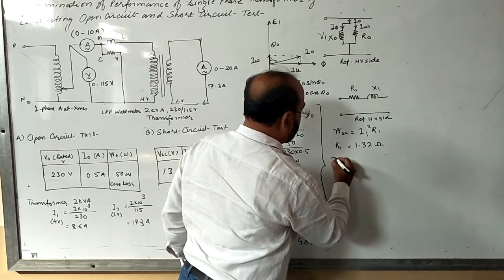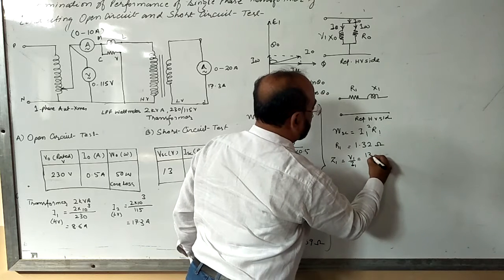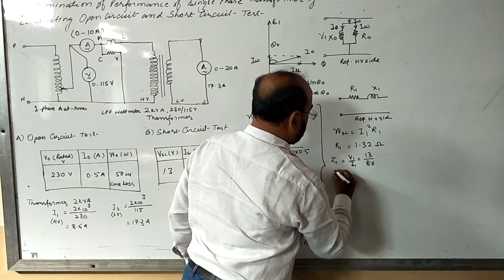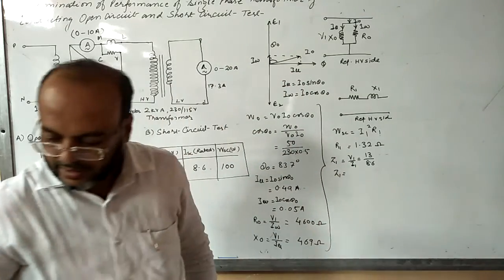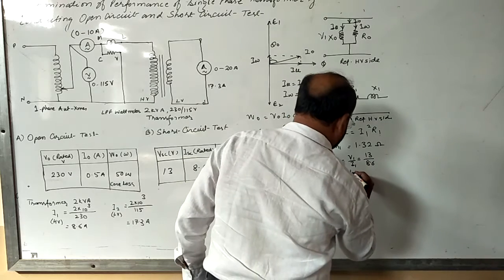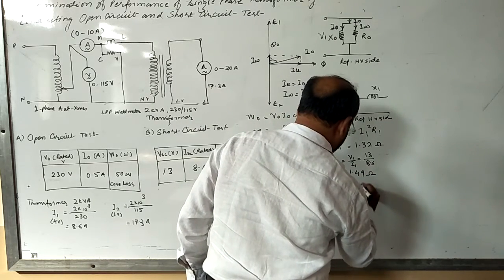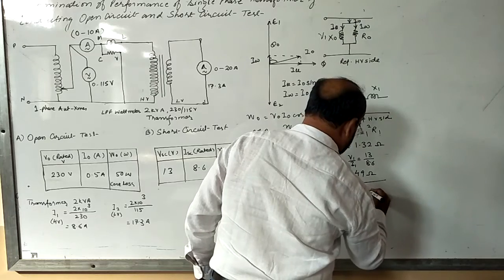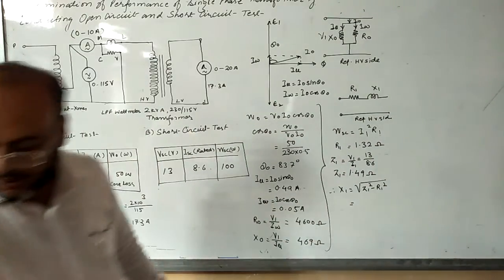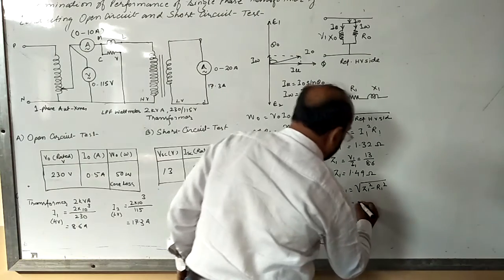Now we can calculate impedance Z1 is equal to V1 upon I1, which is equal to 13 divided by 8.6 ampere, and hence we get Z1 is equal to 1.149 ohms, and hence your reactance X1 is the square root of Z1 square minus R1 square, which is equal to 0.69.